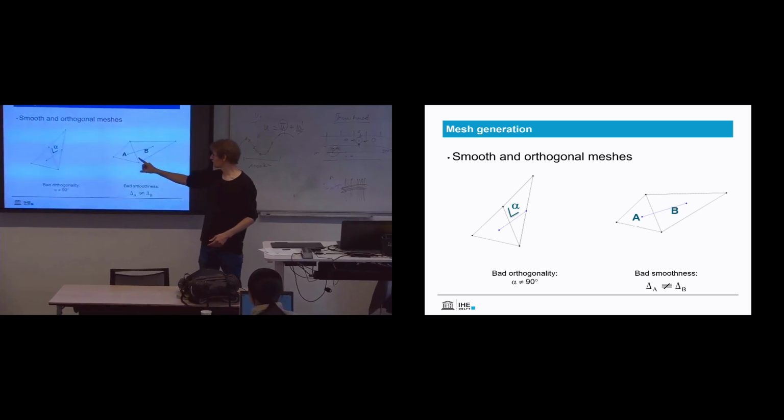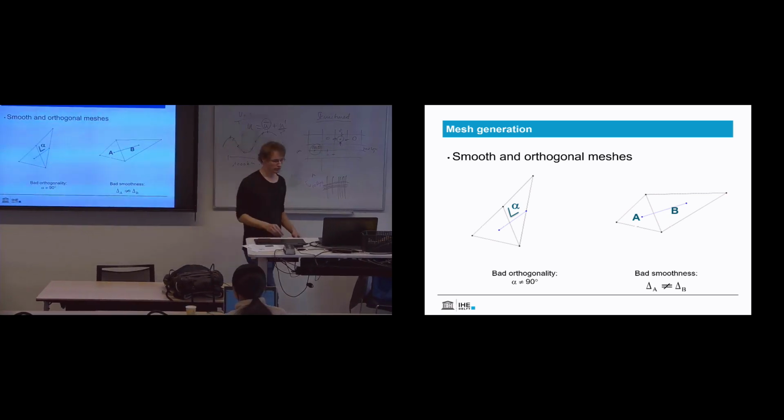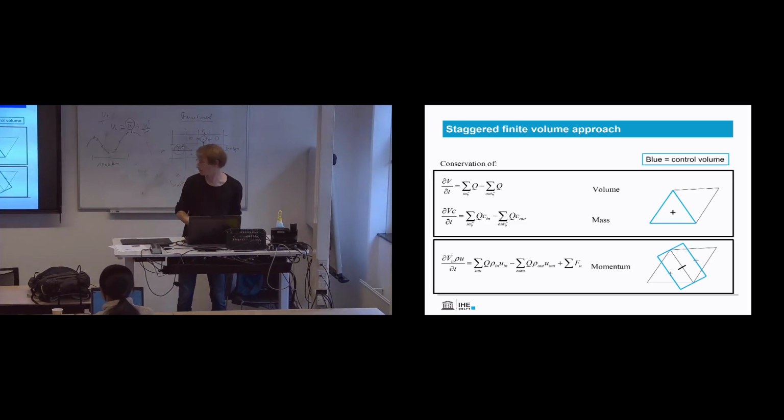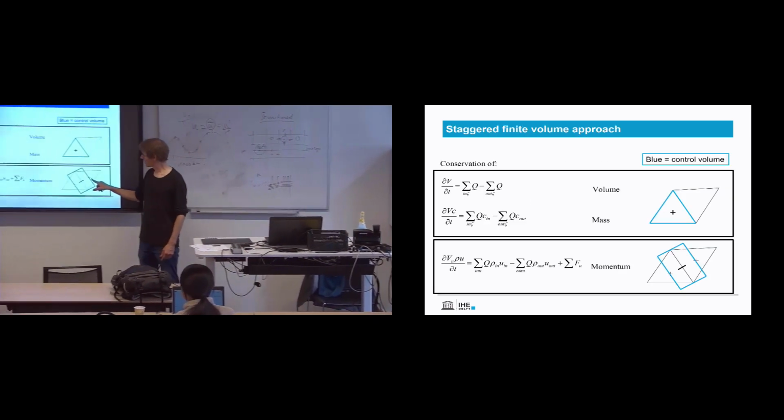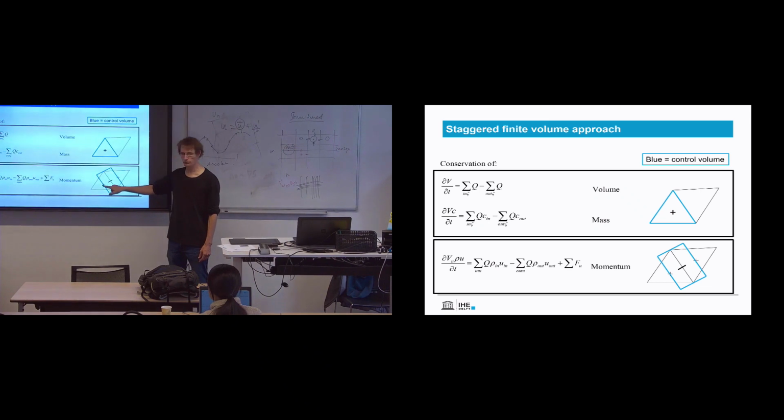Why is smoothness important? That is because on the previous slide, we calculate the contributions of these two adjacent cells. And if the areas of these two cells are vastly different, then every time you take the normal average of these two, you're making an error against the volume conservation, basically.